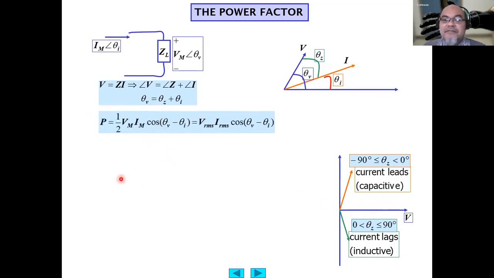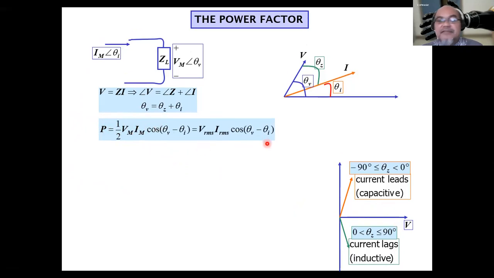Then the average power is, as mentioned in the previous sections, calculated by power equals half of the maximum voltage times maximum current times cosine of the angle difference between the voltage and the current.